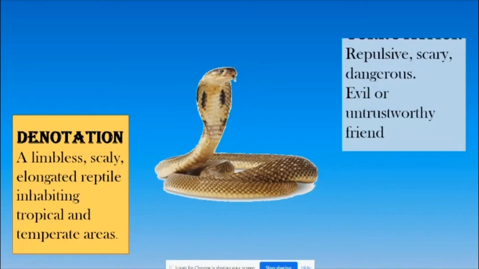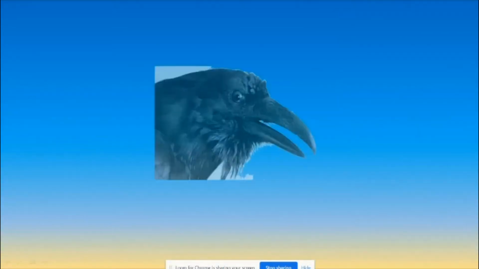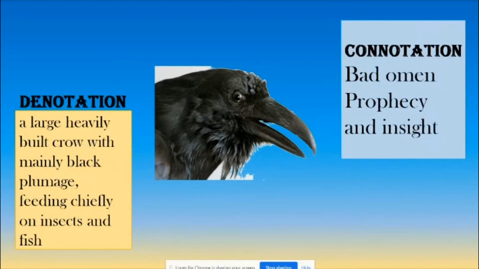The connotation is that a snake is someone repulsive, scary, dangerous, or an evil or untrustworthy friend. Another example is the raven. Its denotation is it's a large, heavily built crow with many black plumage, feeding chiefly on insects and fish. The connotation is that it's a bad omen or prophecy and insight.